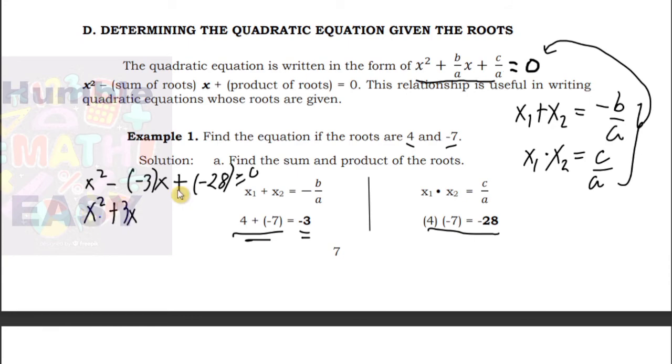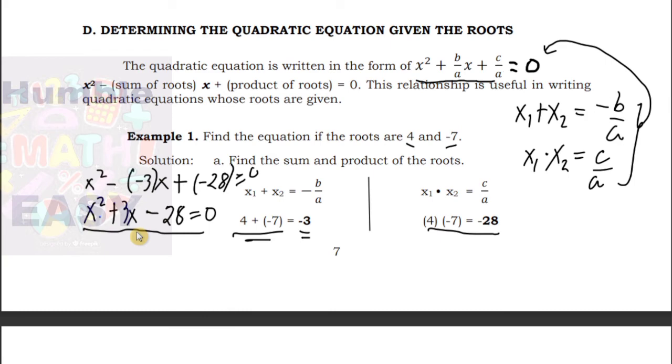Positive times negative is negative 28x, excuse me, minus 28 is equal to 0. So the answer for number 1, if we're given that the roots are 4 and negative 7, is x squared plus 3x minus 28 is equal to 0.